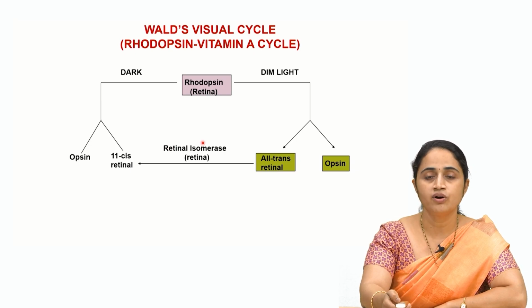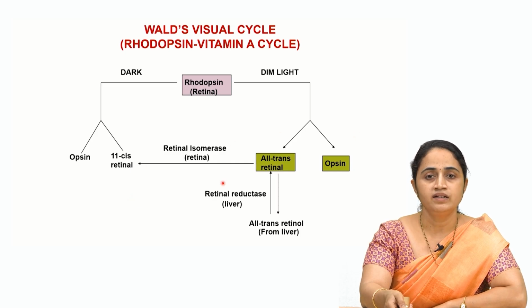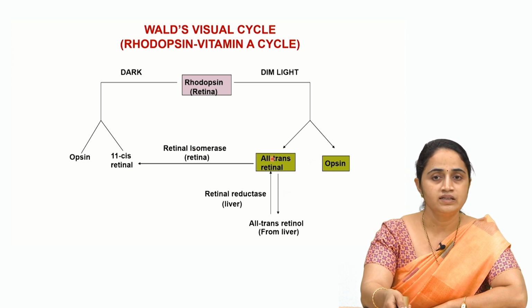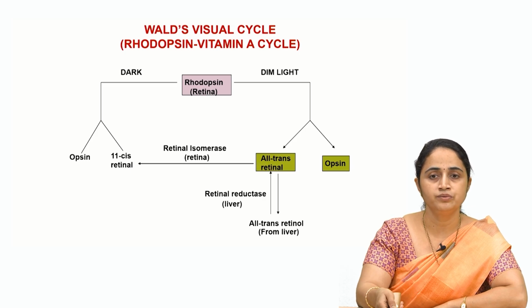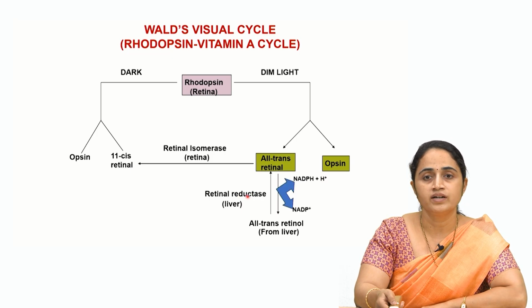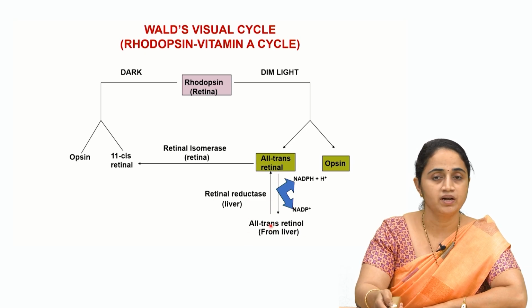That is why all trans retinal is transported to the liver, and in the liver retinal reductase converts all trans retinal to all trans retinol. See the difference: this is the aldehyde form which is converted into the alcohol form by the retinal reductase. This is an NADPH dependent conversion.